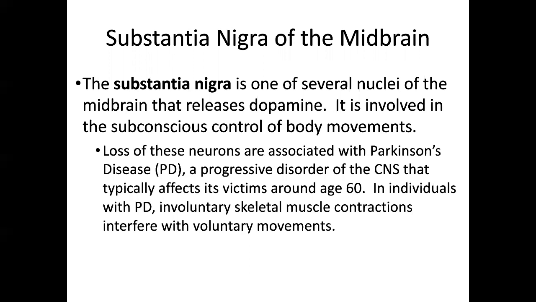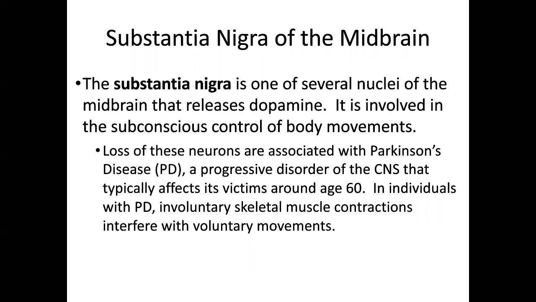Once again, that's that progressive disorder of the CNS, and it's described a lot better here than it was in the last lecture. People that have PD have involuntary skeletal muscle contractions that interfere with any voluntary movements that they might want to do. So they're constantly jittering, moving their hands in ways that they cannot stop, they can't control.